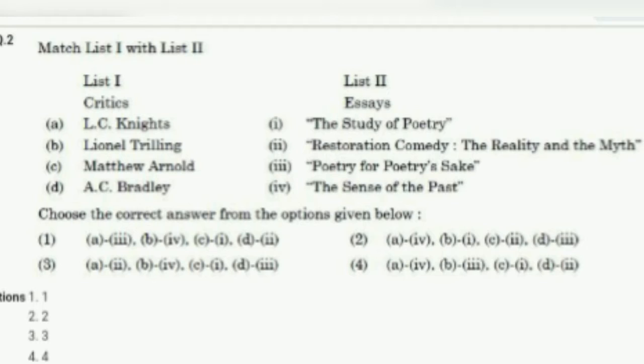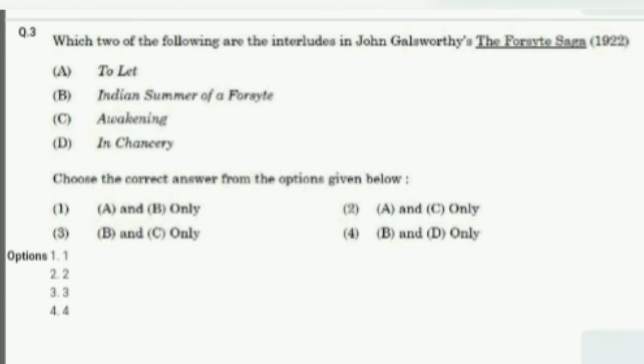Poetry for Poetry's Sake, an inaugural lecture delivered on June 5, 1901, is by A.C. Bradley. So, the right answer for question 2 is option number 3, A2, B4, C1, D3.